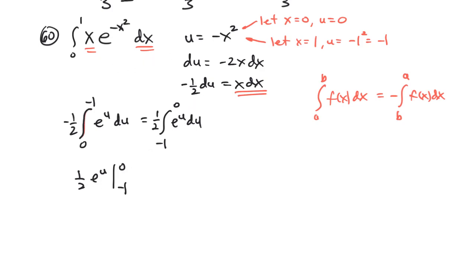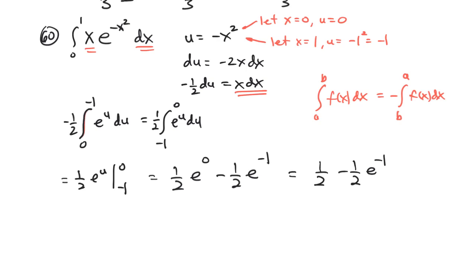We can just integrate. We've changed everything. We integrate here, so we're going to get 1/2 e to the u minus 1/2 e to the minus 1. Actually, this is e to the 0, not e to the u. 1/2 e to the 0. Well, e to the 0 is just 1, right? So this is going to be 1/2 times 1 minus 1/2 e to the minus 1.